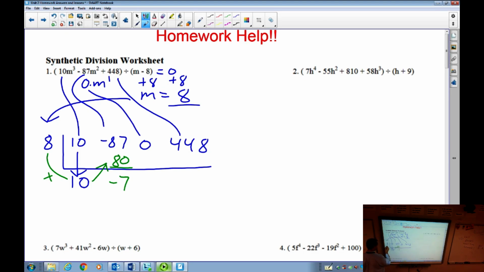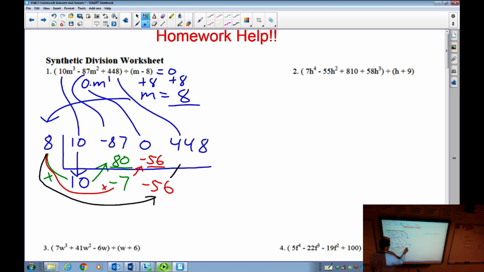Then we've got 8 times negative 7. And 8 times negative 7 is, let's see, negative 56. There we go. And then negative 56 plus 0 is just a negative 56. So we'll bring that down. And then, last but not least, 8 times negative 56 is, we'll use our calculator there.